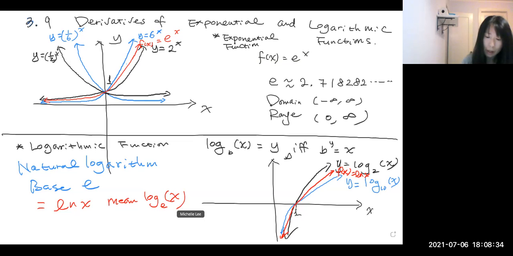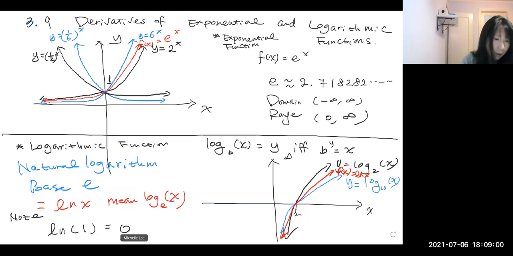So ln x means the base e. All right, so let me write down this one. What's the ln 1? Zero. Excellent.